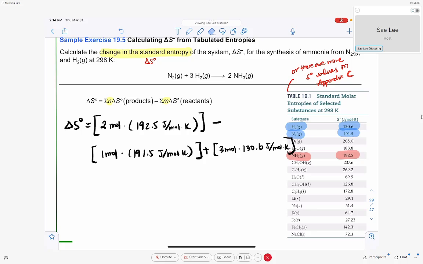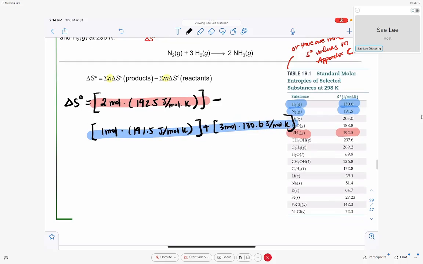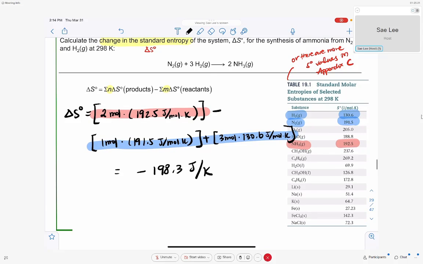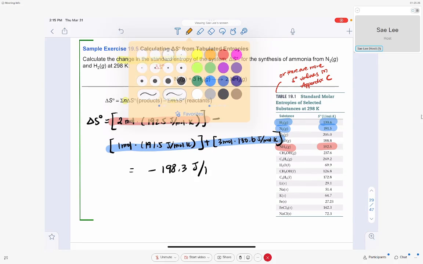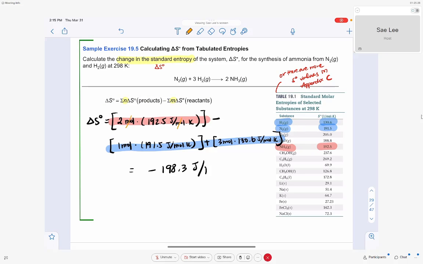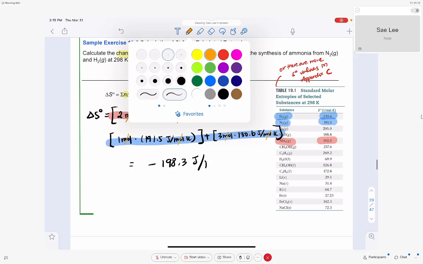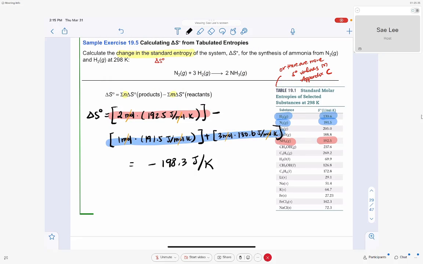This is the product, this is the reactant. If you do the math, you get negative 198.3 joule per Kelvin. Where did the mole go? The mole unit cancels, so you have joule per Kelvin.